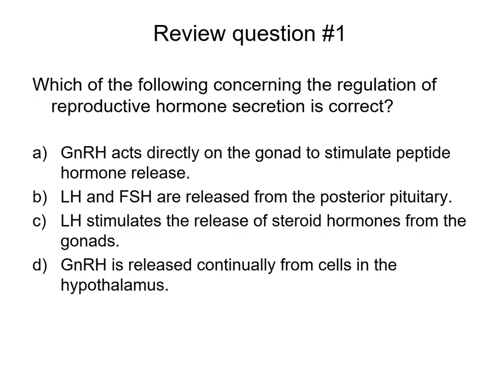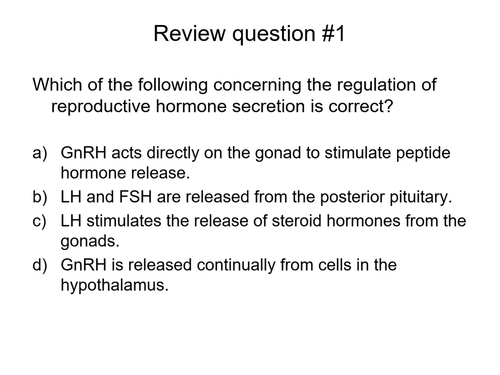So the answer in this case is C. LH stimulates the release of steroid hormones from the gonads. And we're going to look at that in more detail coming up as well. A is not correct because GnRH does not act directly on the gonad. GnRH acts directly on the anterior pituitary.